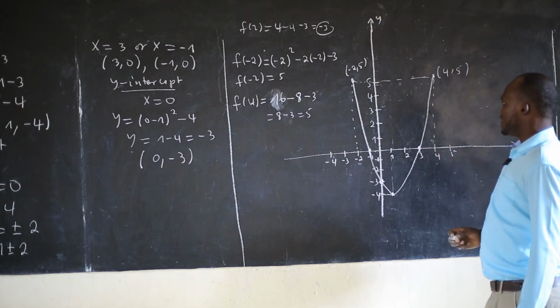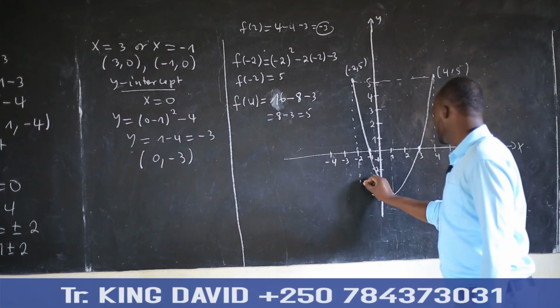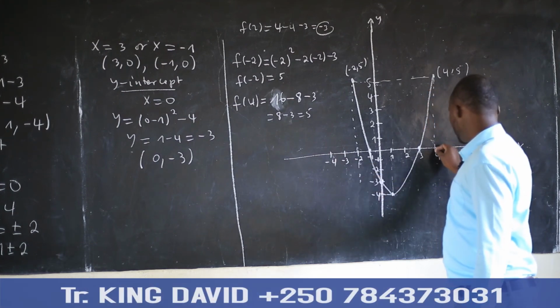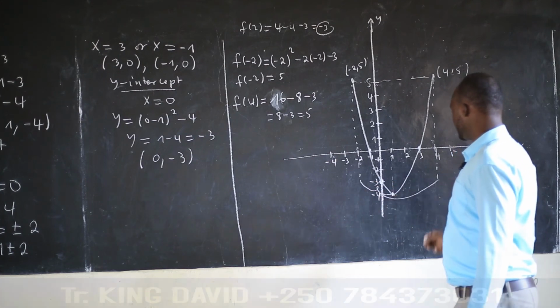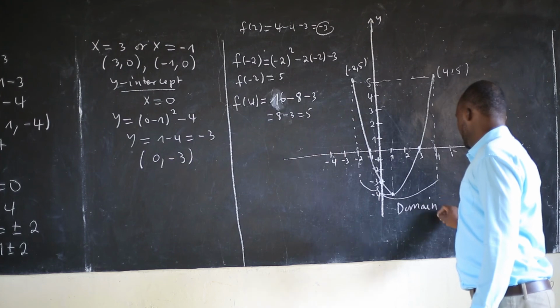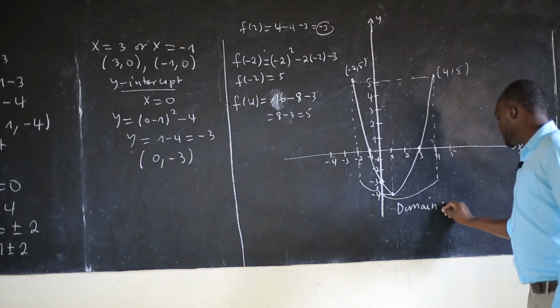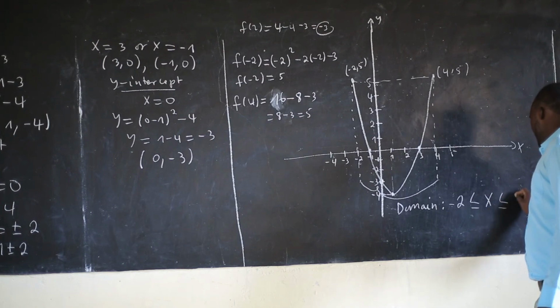So what is the domain? The domain is this value up to here. So the domain is negative 2 less than or equal to x less than or equal to 4.